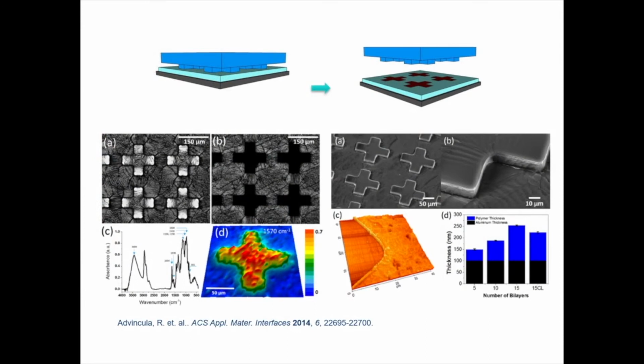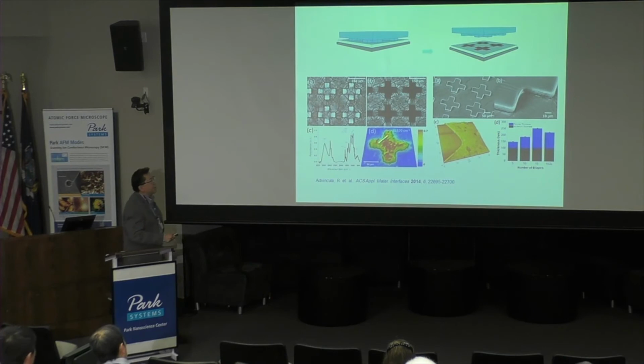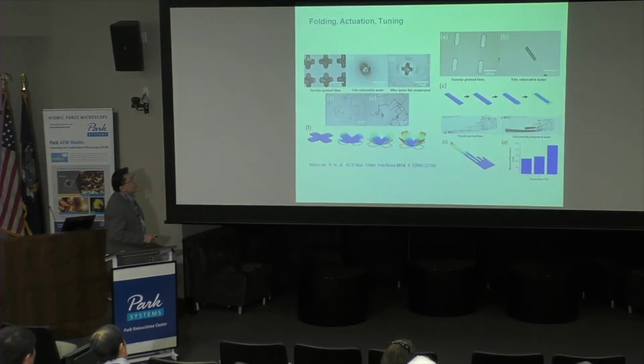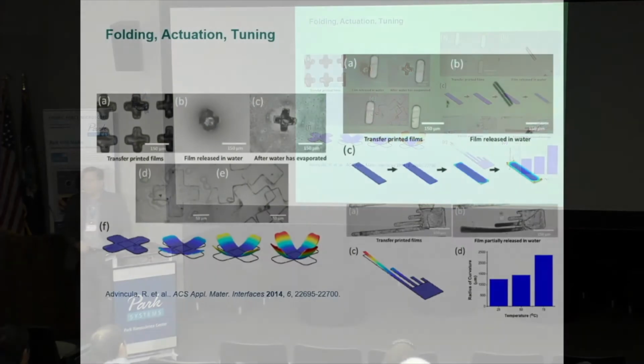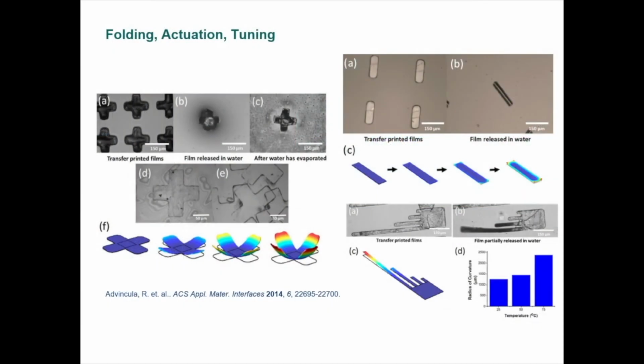I mean, this is the pattern. We made a cross pattern by AFM. You can see here the resolution. Also by IR imaging, we know that we have a polymer in the pattern. So we made cross shapes. We observed the folding of the cross shape and simulated it. It works. It folds by itself.